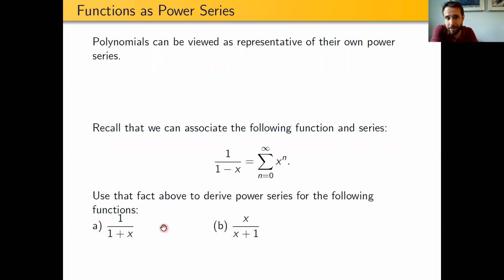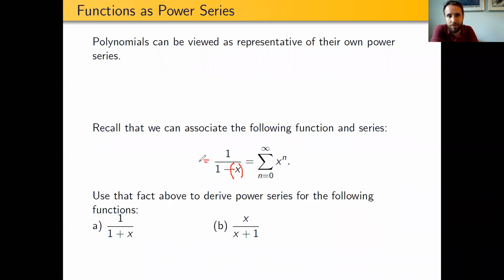All I'm really doing, if I go from here to here, is replacing my x value with a negative x value. Whatever I had here as an x that I was subtracting, all I need to do is replace that x with a negative x, and the result is a minus x, aka a plus x, in the denominator.